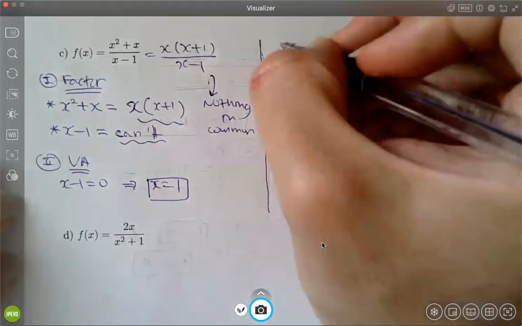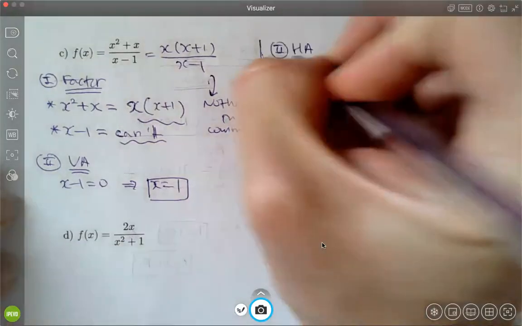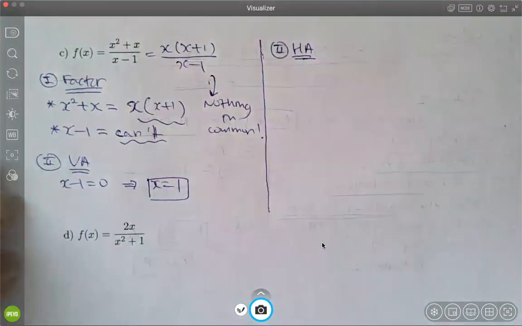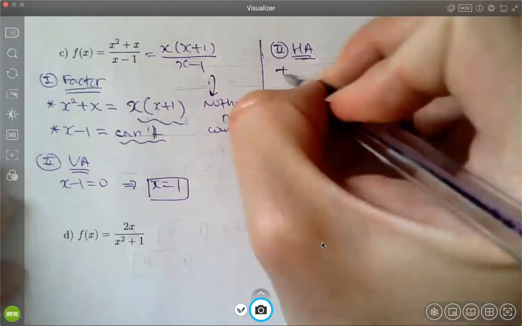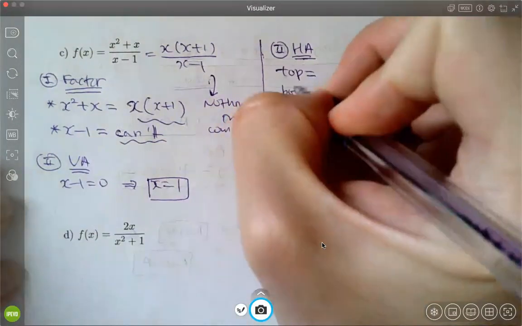And now, horizontal asymptote. So we have to look at the degrees. What is the top degree? And what is the bottom degree?